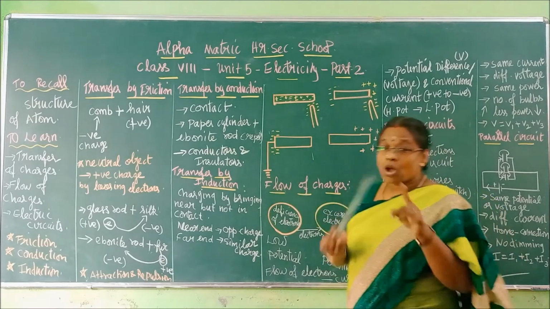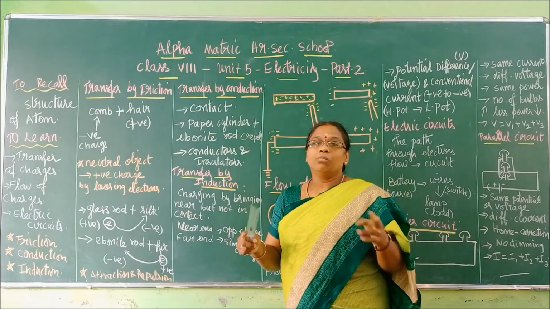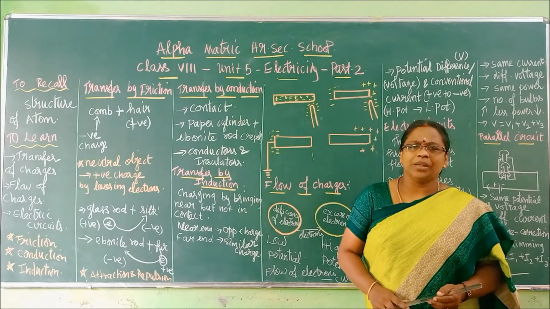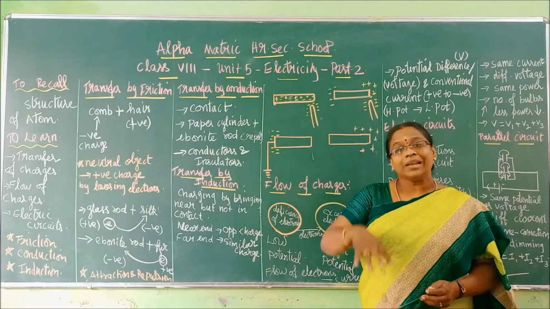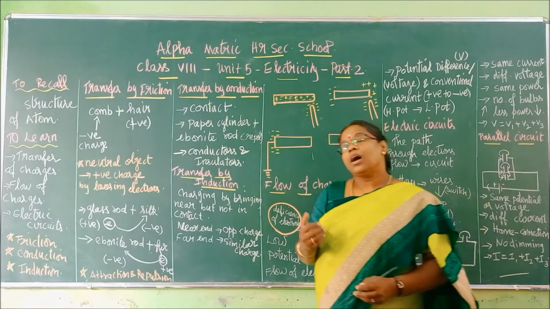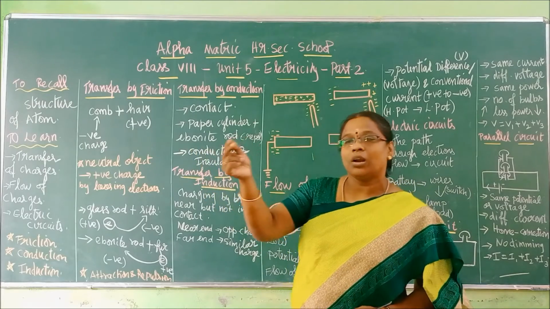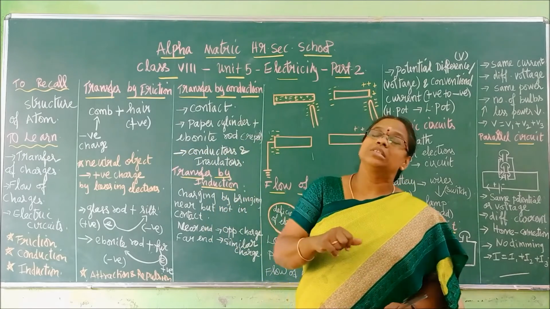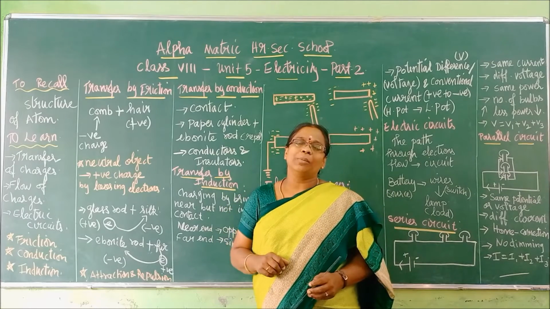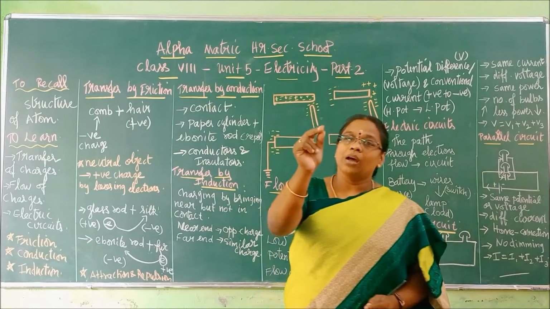Now we have this content in the box, which you would have learned. Any body which conducts current easily when touched, for example our wet hand, water with more salts in it, and metals like copper, aluminium, steel, bronze.